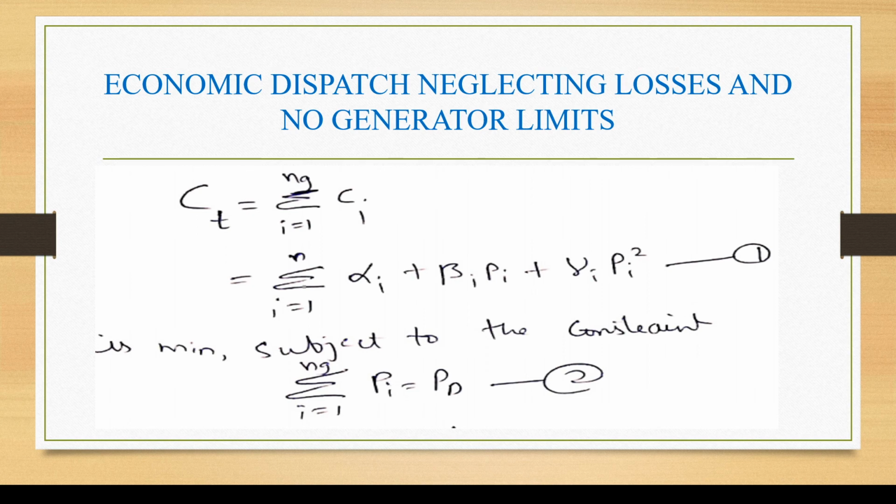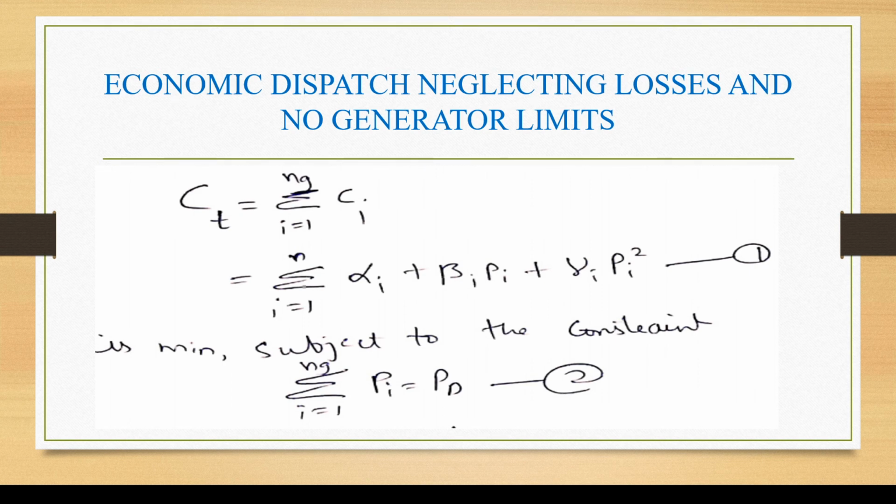In some textbooks it is given as C, and in some textbooks it is taken as F. Ci or Fi, anything is the same. So CT is equal to summation i equal to 1 to NG Ci, and that will be equal to summation i equal to 1 to NG of alpha i plus beta i Pi plus gamma i Pi square.